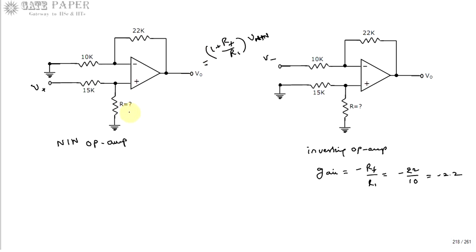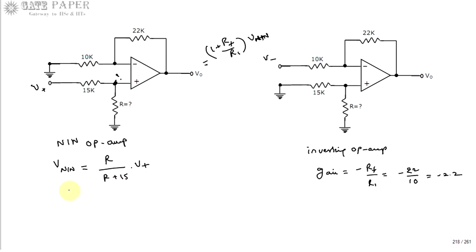The signal present at the non-inverting terminal is amplified by 1 plus RF by R1 times, so you must know the signal present at this point. V non-inverting is R divided by R plus 15 into V plus.